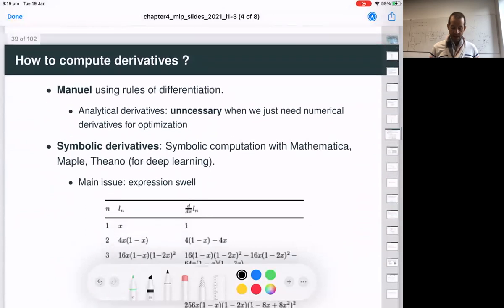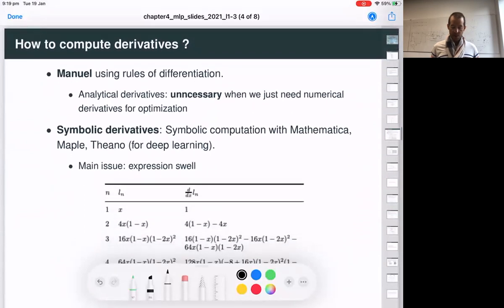Okay. And now we talk about something which will be useful to again understand the backpropagation, but it is not in the chapter notes. I will talk now about how to do derivatives.